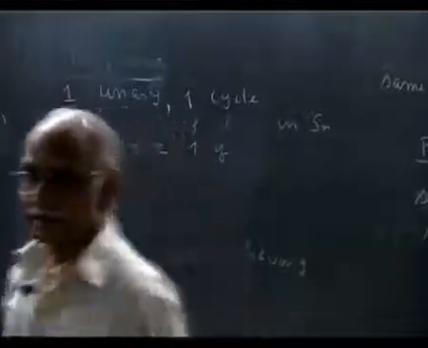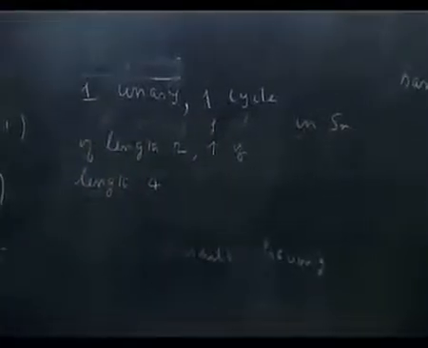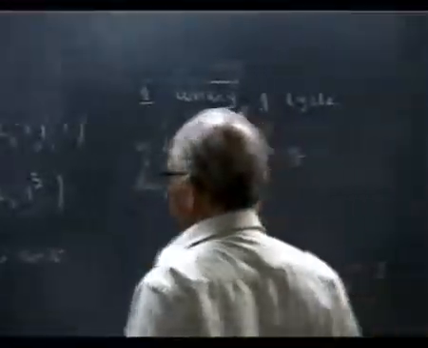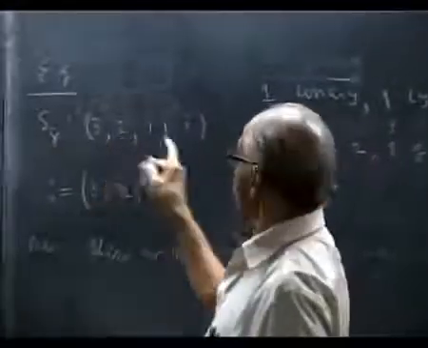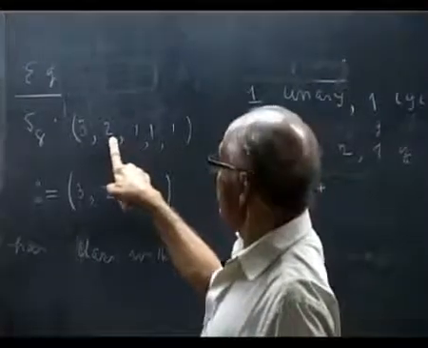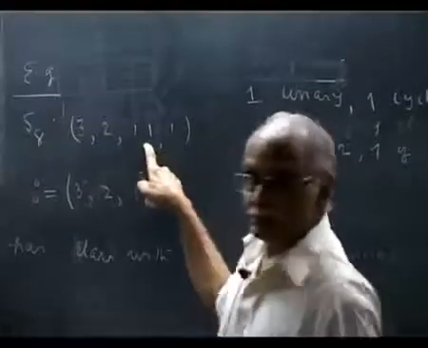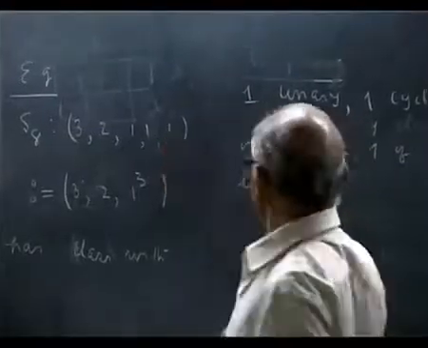I'll check it out. Yes, that's correct. So one unary, one of length 2, none of length 3, none of length 4 and one of length 5.